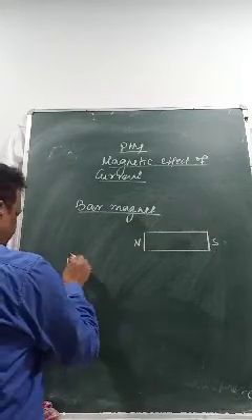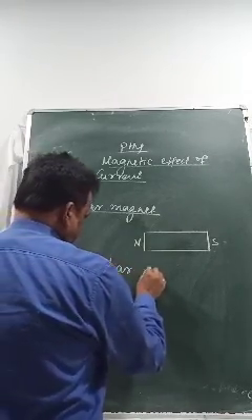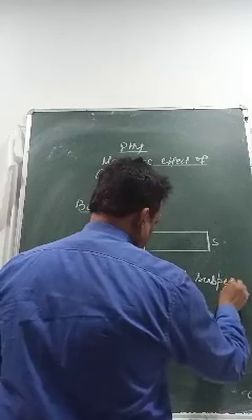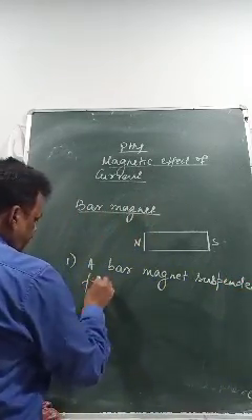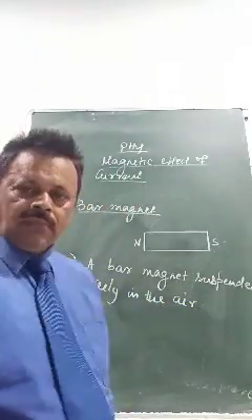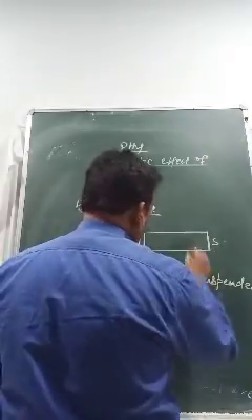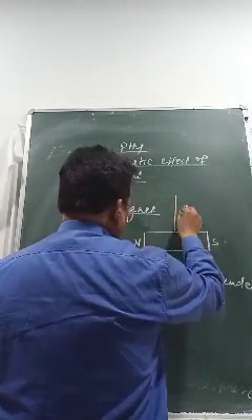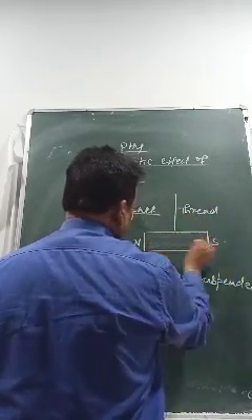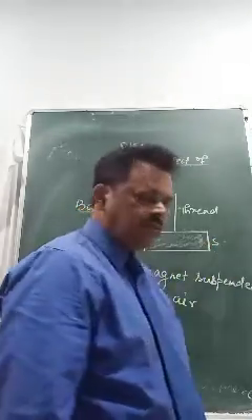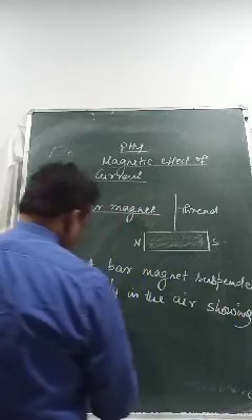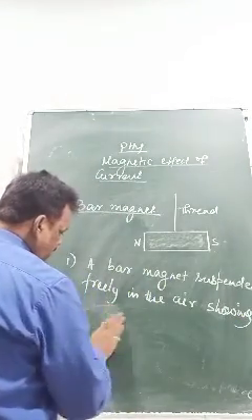So first point, the bar magnet suspended freely in the air remains horizontal if you hang it with a thread. A freely suspended magnet remains horizontal in the air, showing north and south pole.